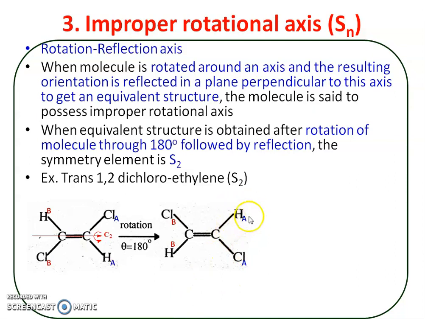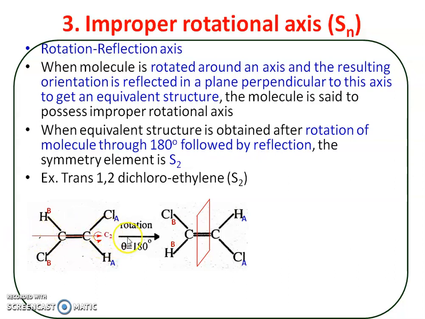For example, like this. Initially ClA was here. Now after rotation, chlorine A came down. In this way, we get this structure which is not equivalent or identical. Now consider a plane, this plane, which is at a right angle to the axis considered at the time of rotation.